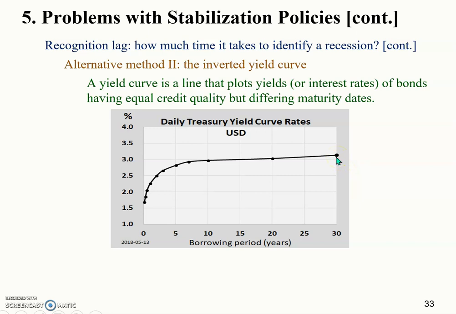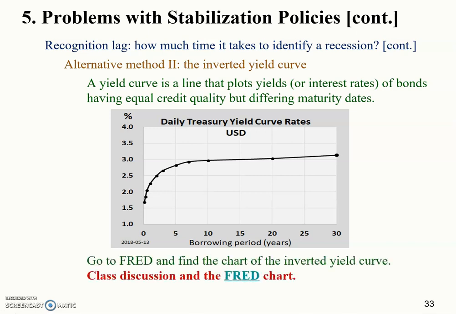In contrast, if you choose a 30-year treasury bond, it offers like 3.2%. So the short-term bond offers a higher yield than the long-term bonds. This is definitely counterintuitive. This means something is not right on the bond market, right?